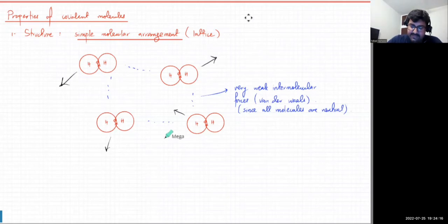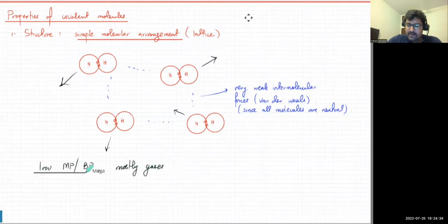So the first thing is they all have low melting and boiling points, and they're mostly gases, because they don't attract each other. The particles are freely moving around. They've got low melting and boiling points. They'll ask you for an explanation for that.